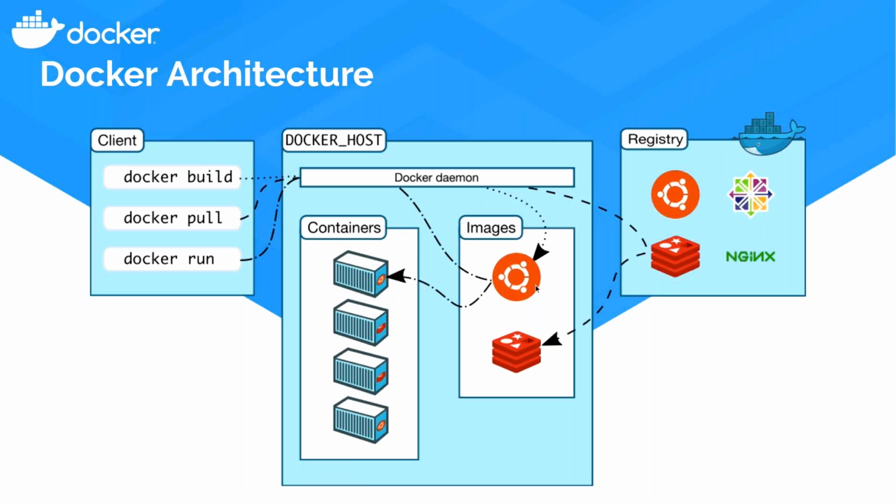An image is part of an operating system with some application that runs as an entry point for that image, and a container uses that image to execute the code that we add and runs the functionality that is prepared.